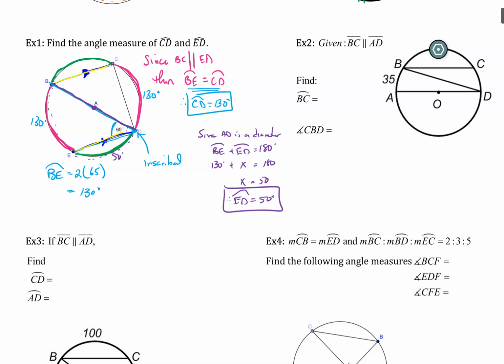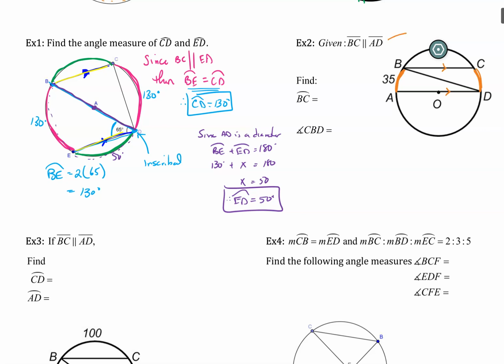All right, let's look at example number 2. Here, it's telling me that BC is parallel to AD, so I'm going to note that. If I've got parallel lines, the intercepted arcs between those are congruent. So I've got arc BA and arc CD here.